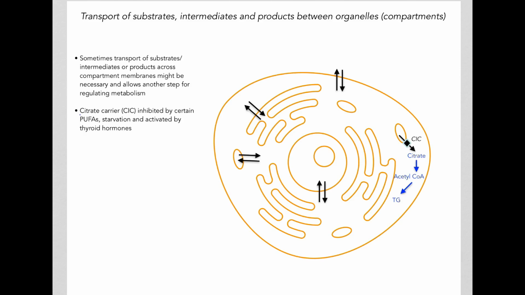For example, the protein that carries citrate across the mitochondrial membrane, what we call the citrate carrier or CIC, is inhibited by certain polyunsaturated fatty acids. It's also inhibited by starvation conditions and is activated by thyroid hormones. So this inhibition or activation of CIC can be used to regulate metabolism either in the mitochondria as well as the cytoplasm.